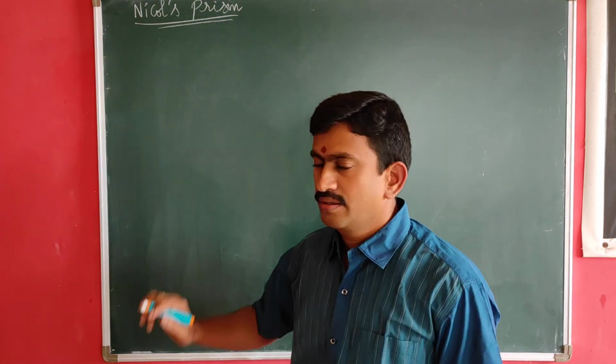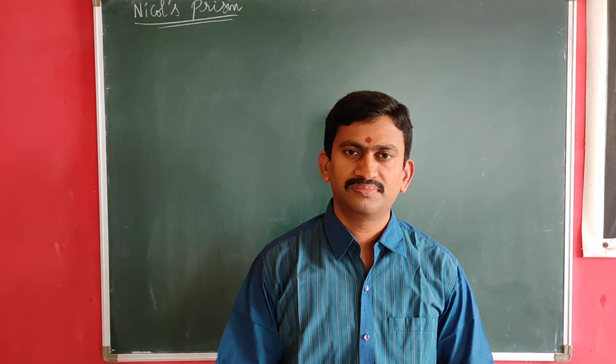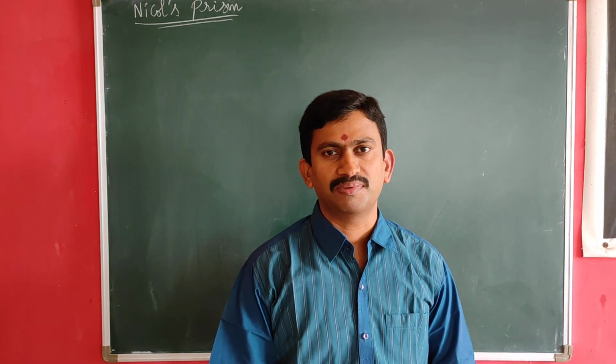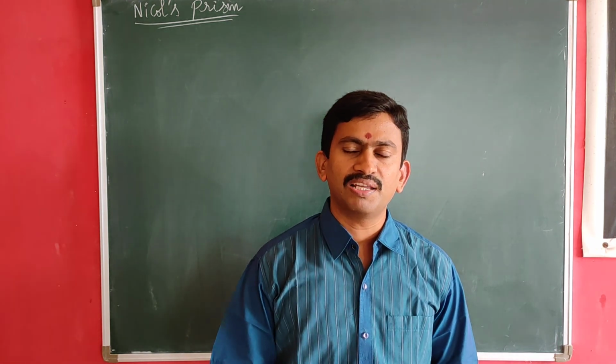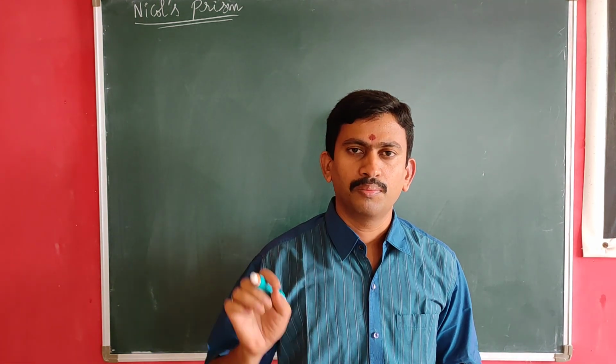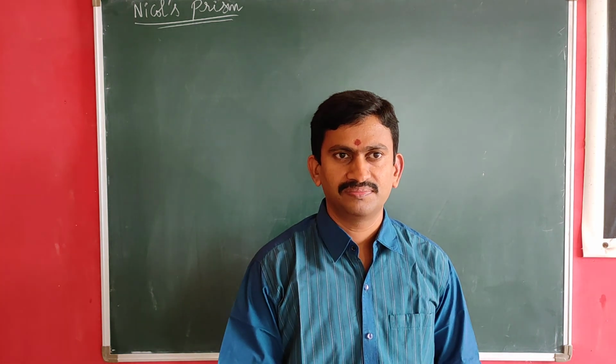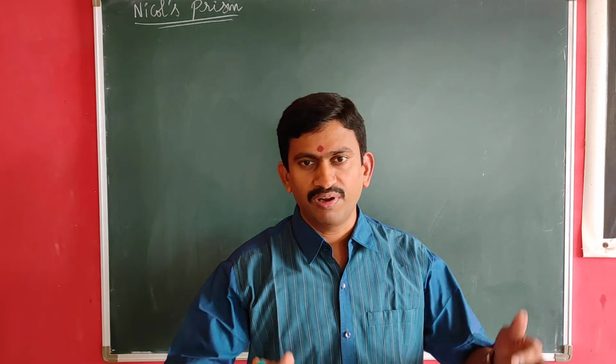Now, what is meant by Nicol prism? We have to concentrate on the concept directly. Nicol prism is nothing but an optical device used for producing and analyzing polarized light. How does it work?